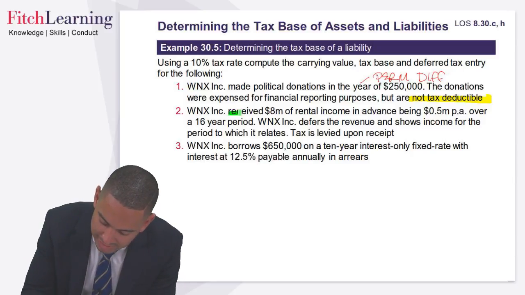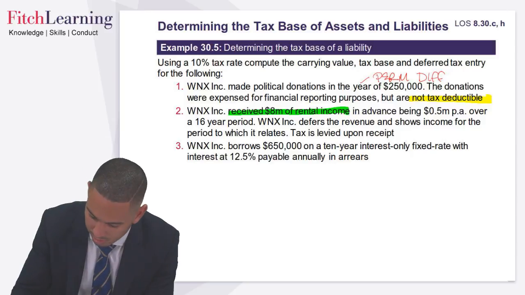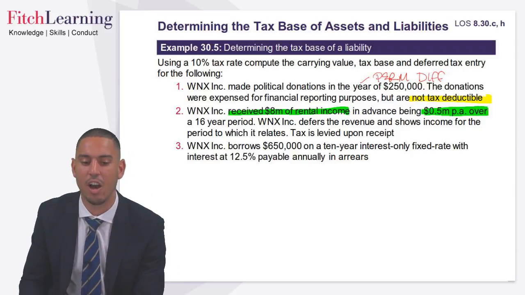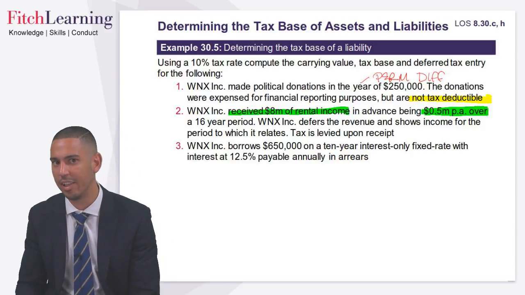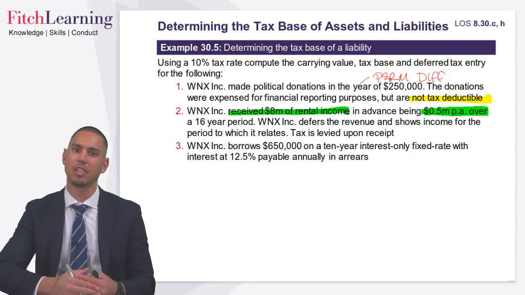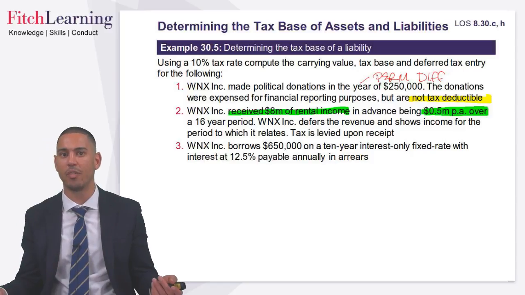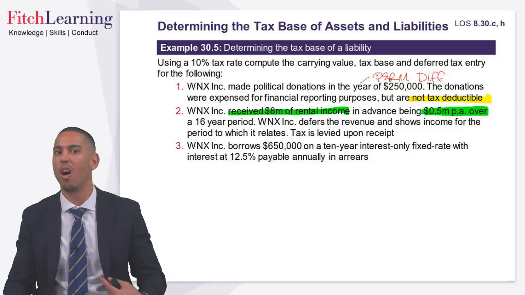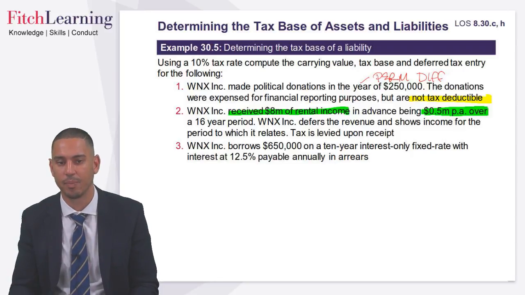I have received 8 million of rental income in advance. According to my accounts, this relates to 500,000 every single year for 16 years. Now, what happens when I receive cash up front for a service yet to be provided? Well, in which case I end up with deferred revenue or unearned revenue, which is accounted for as a liability.